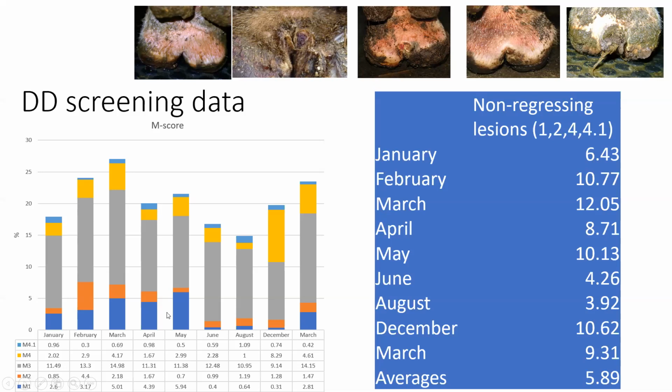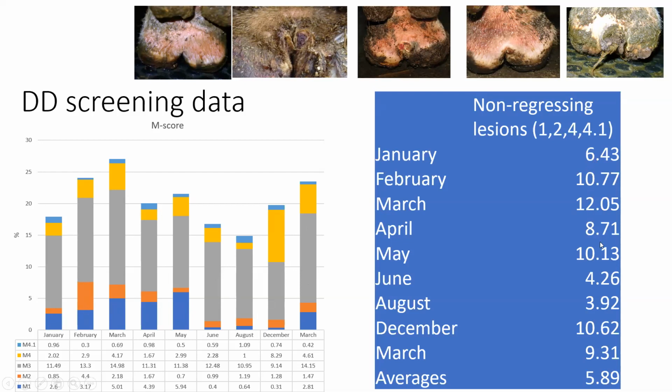And if we plot these over time, you get a real feel for what's going on. So here we've got the blue M4s, the M2s. There's a problem here. We've got some M1s becoming M2s, but we've got things under control on this farm. We've got some M4s. So perhaps too many M4s at this point here. And what we can do is summarize these as non-regressing lesions, which is what we've got here on the right-hand side. So we can see over time, we've got the non-regressing lesions.